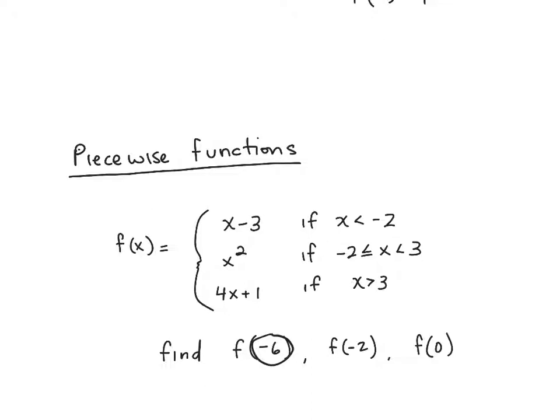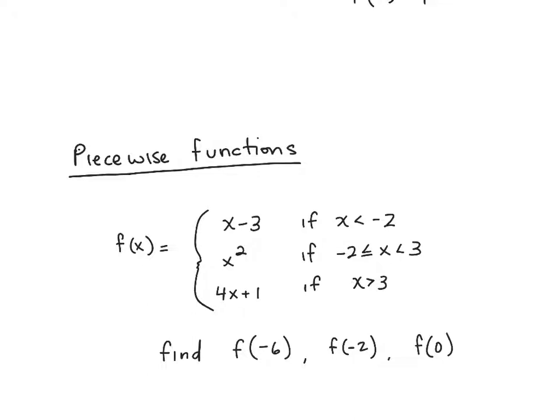So that's where these definitions are critical. It's saying if your input, and by input I mean this, in this case we're looking at the input of -6 right here. So if the input is less than -2, then you only plug that input into this rule.